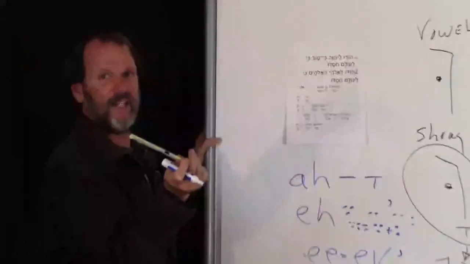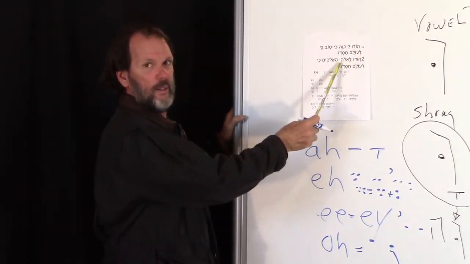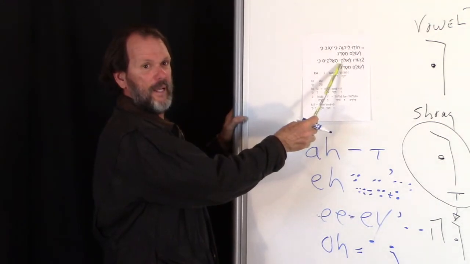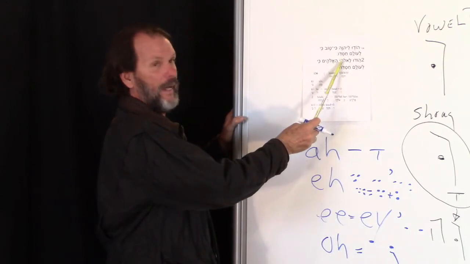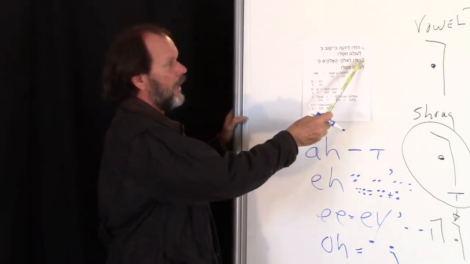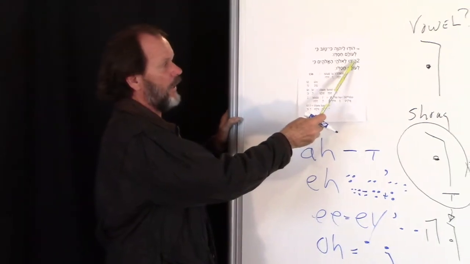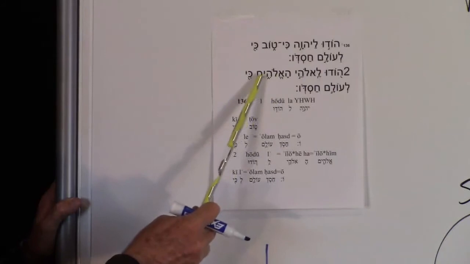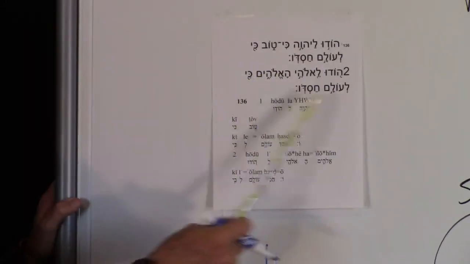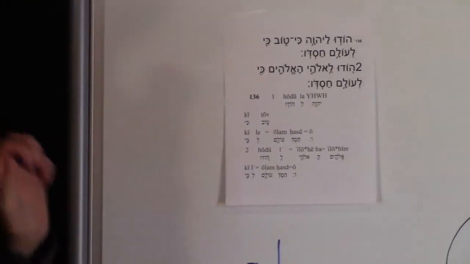That's what you were saying. This is Hodu le Elo. Hodu le Elo. Keep the lamed sere over here. Hodu le Elohe ha-Elohim, ki le'olam hasdo. That makes sense.